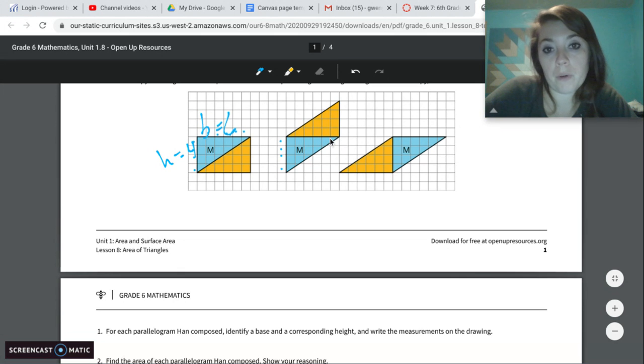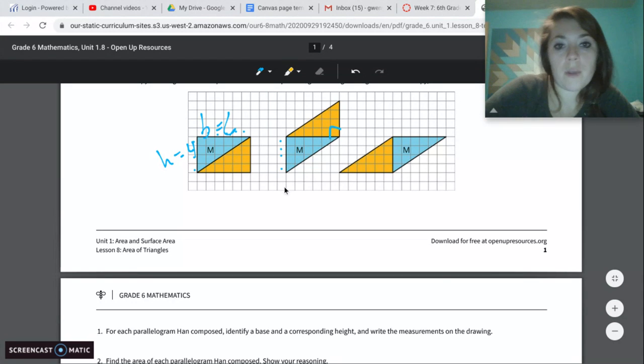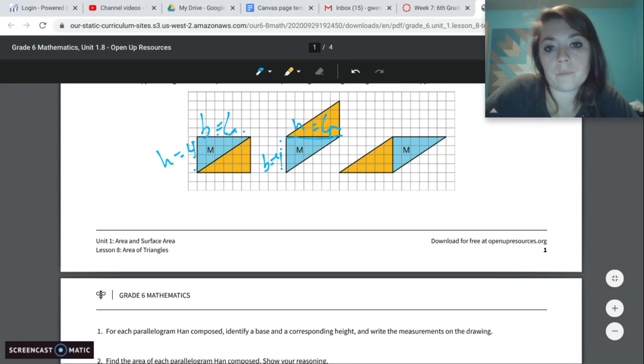We only have the one perpendicular height, and that is right here. So this is our base. So we have a base of 4. And we have a height of 1, 2, 3, 4, 5, 6. So height equals 6, and height is this line here.